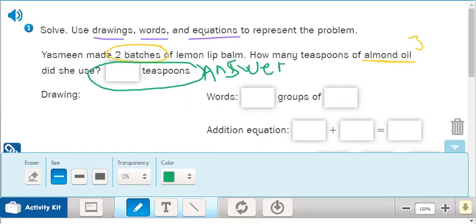So right here we have a space where we're going to draw, okay? And then we have our words and groups of how much. So you can look down. I would like you to pause this video and see right now if you can figure out what we're going to put in these 2 boxes here. Words, blank groups of blank.